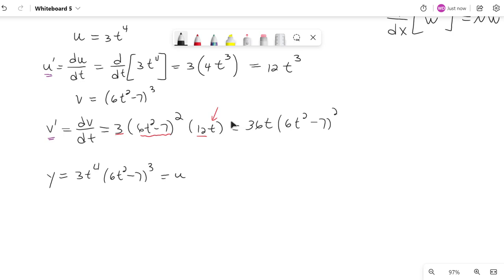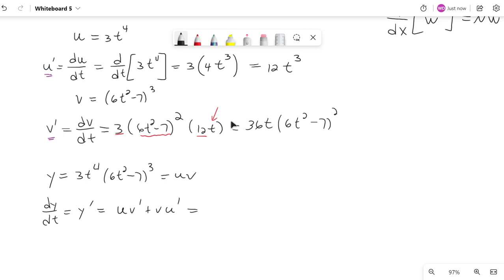That was my u times my v. So the derivative of y in terms of t, that can be shorthand written as y prime because it's understood what the prime means. It's in terms of t in this problem. That would then be u times v prime plus v times u prime.